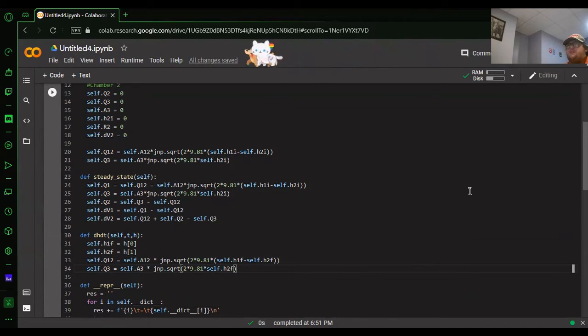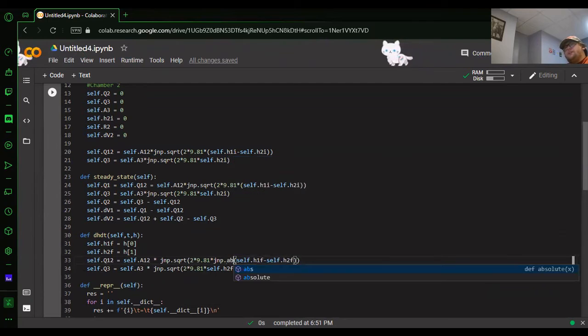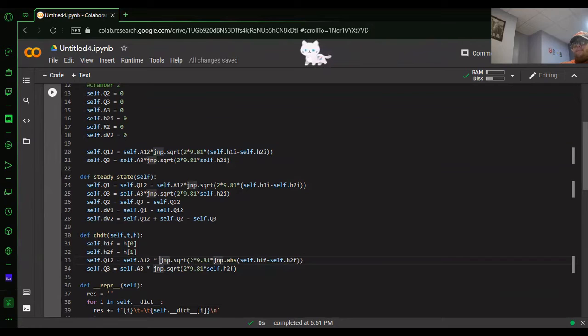Now, when you look at this, you're going to notice that we have a potential negative in the square root. To fix this, I'm going to do JMP.abs for absolute value. But what we want is, if H1 is less than H2, this will be negative. If the first height is lower than the second height, it means the flow, instead of going from 1 to 2, will be going from 2 to 1.